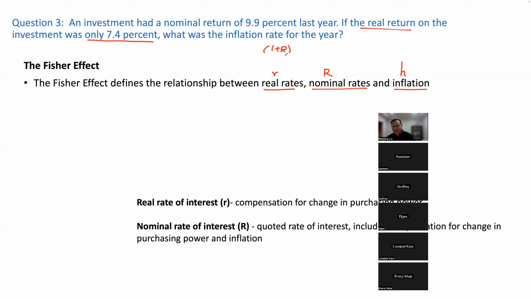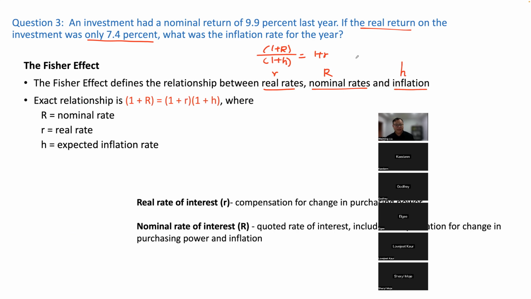Why? Because even though you receive more money, you have to take inflation into consideration. So maybe you make more money in dollar amount, you calculate your nominal rate, and it looks like 5%. But your real rate is not 5%, it's lower because of the inflation. So when this is divided by 1 plus inflation, that is your real rate, 1 plus r.